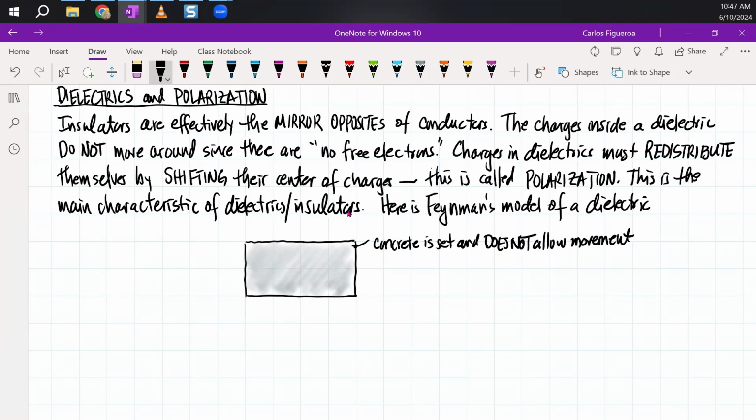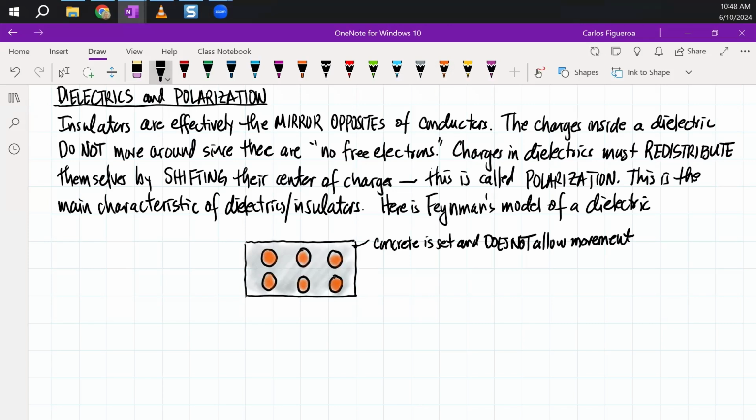So to think about this in a slightly different way, now imagine that we have holes in the concrete. Now what we're going to do is fill these holes with a conductor.